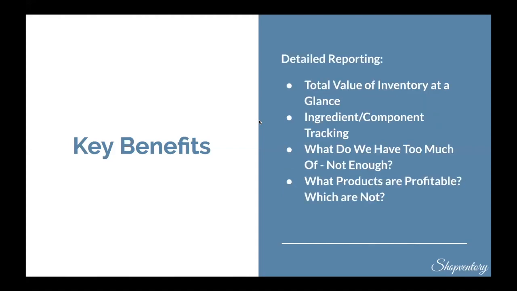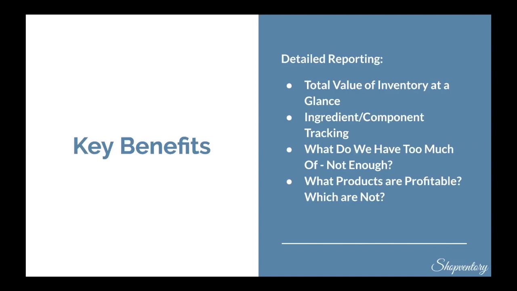So some of the other benefits here, very detailed reporting. Shopventory gives you things like your total value of inventory at a glance. For those of you cafes, bars, restaurants, we do have ingredient and component tracking. You can also build things like gift baskets or partial items such as a glass of wine versus a bottle. So definitely helpful stuff there.